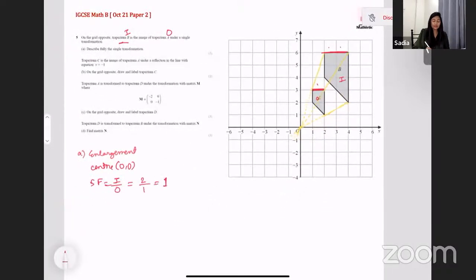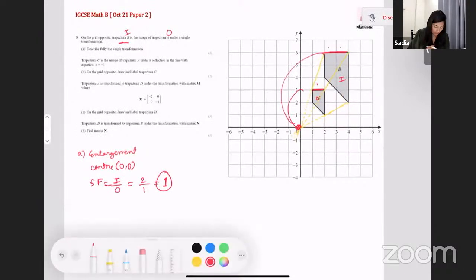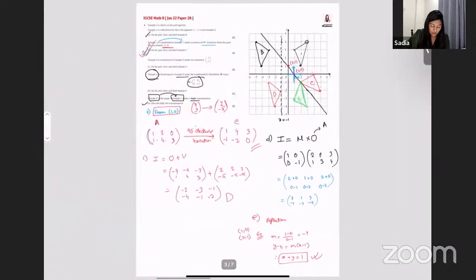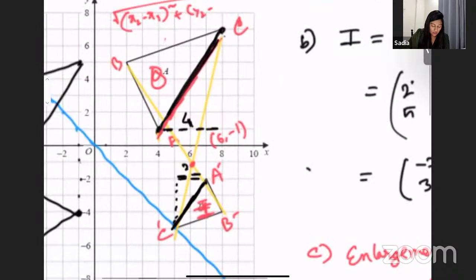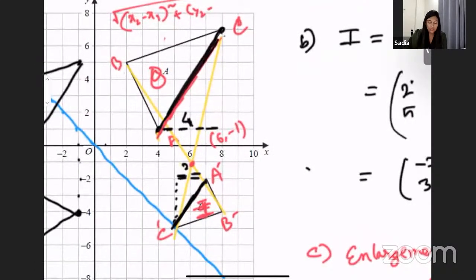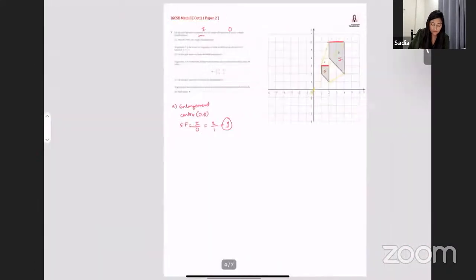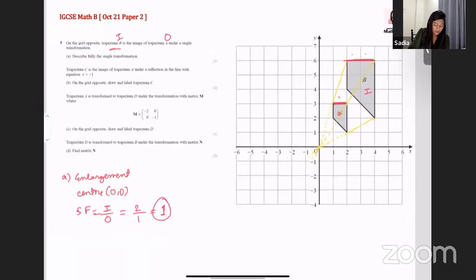In this case, the scale factor is positive, not negative, because you can clearly see the object and image are on the same side of the center. Whereas in the one we solved earlier, the center was in between the object and image. That's why the scale factor was negative. So 5A is done.